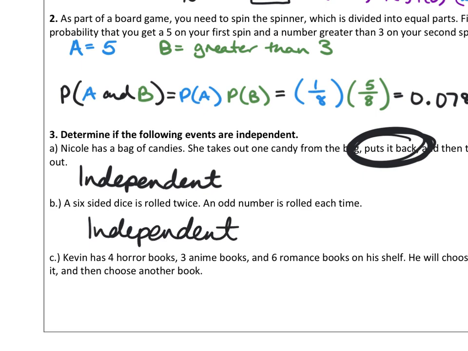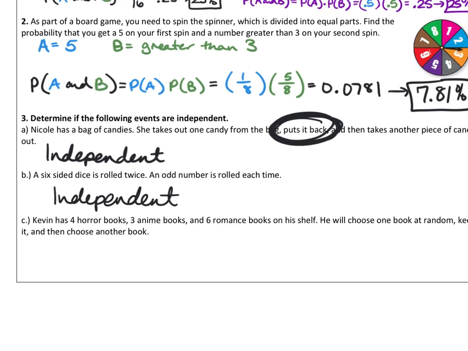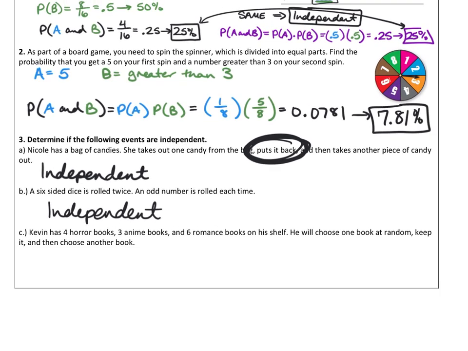But if you read number C, this third option here, it says Kevin has 4 horror books, 3 anime books, 6 romance books on his shelf. He will choose 1 book at random, keep it, and then choose another book. Does him choosing the 2 books constitute an independent or a dependent set of events? Another way to ask this: did Kevin put it back?